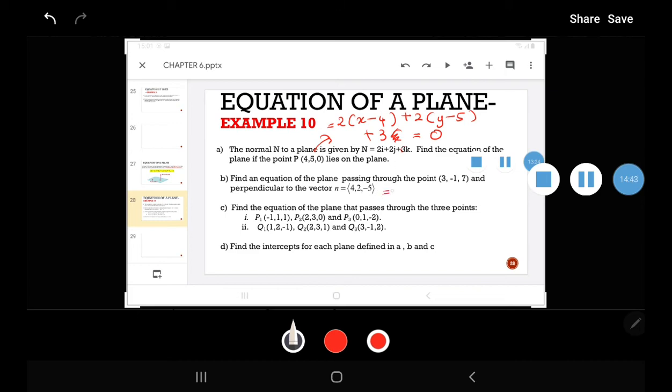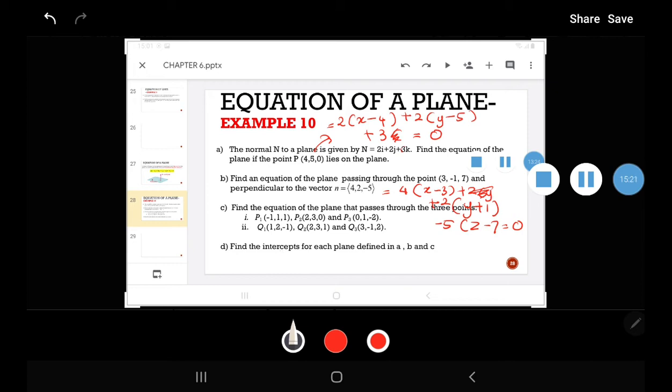So again, for the equation of the plane, write the vector first and then x minus 3, plus vector for j 2 and y minus minus 1 will get you plus, okay, 2y plus 1, and minus 5z minus 7 equal to 0. So that answers example 10b.